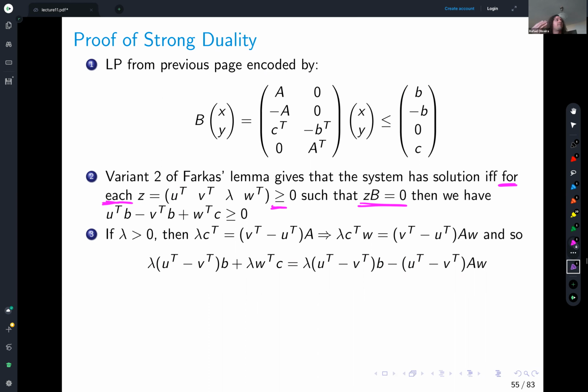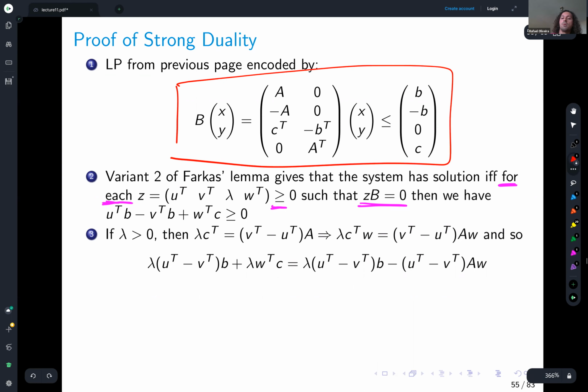So to verify that this system satisfies the variant of Farkas lemma, this is equivalent to proving that the system is feasible. Farkas lemma says this system above, the system in red, is feasible if and only if the inequality holds for every non-negative Z with that property. Does that make sense?